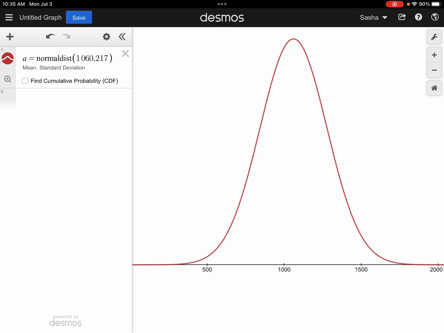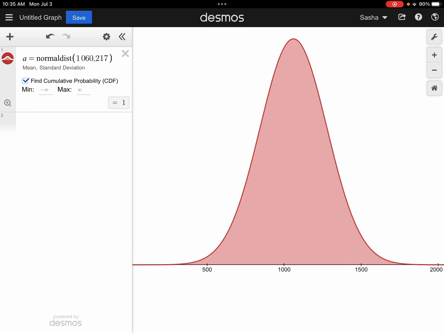Now, what we're doing here is finding the cumulative probability. We're looking at what's the likelihood that a data point falls within a certain range. Let's do some of the ones that we did before. You'll notice right now it has a minimum of negative infinity and a maximum of infinity.